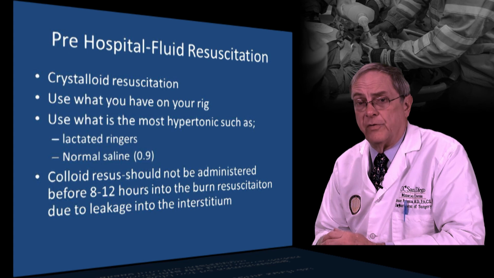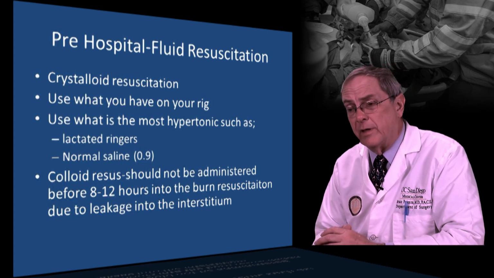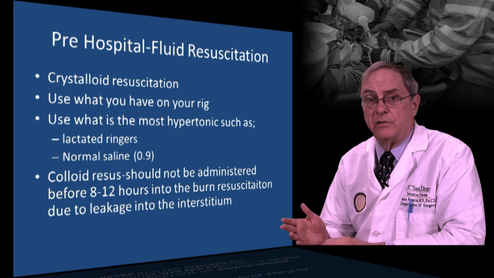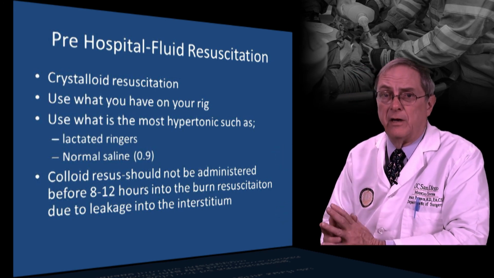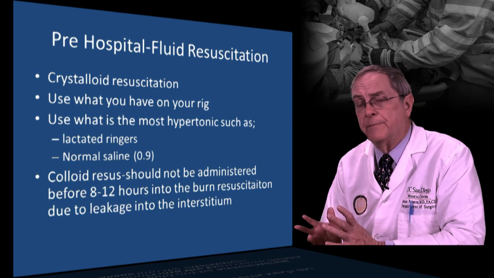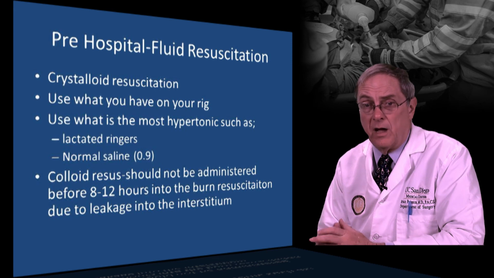If we give large volumes of normal saline in a big burn resuscitation, we often end up with a hyperchloremic metabolic acidosis due to all the chloride that comes with the normal saline. We have less of that occurring with lactated ringers. So our preferential fluid in the field as well as in the hospital is a simple lactated ringers.